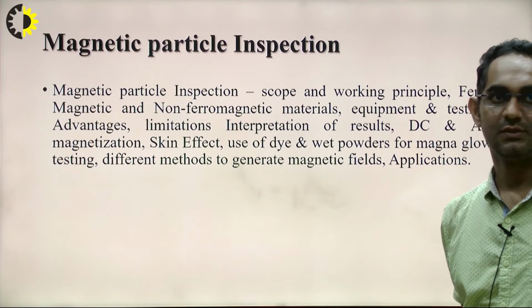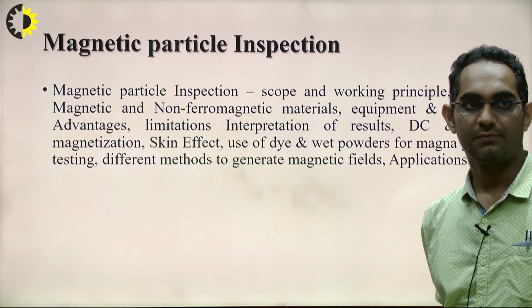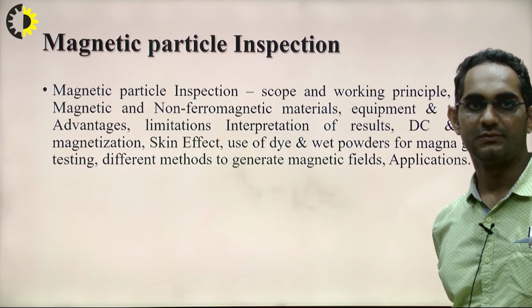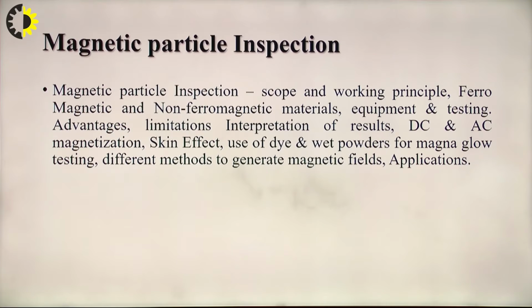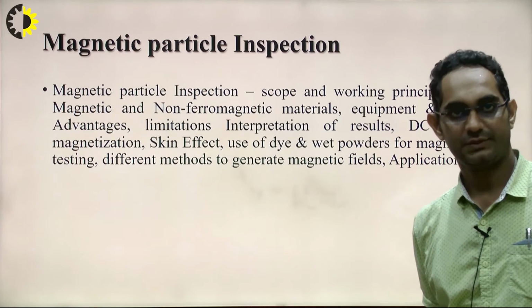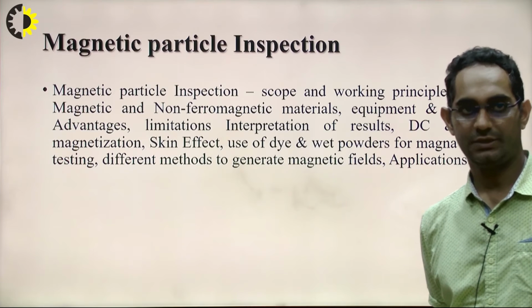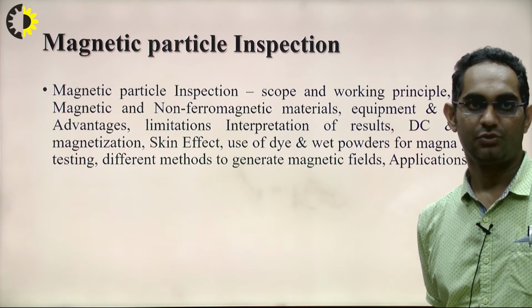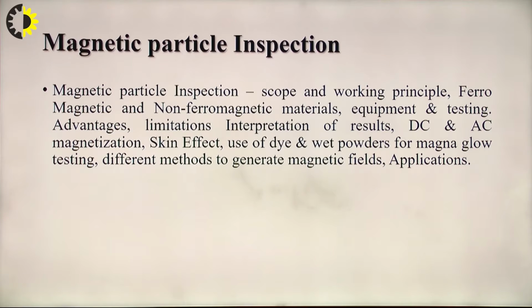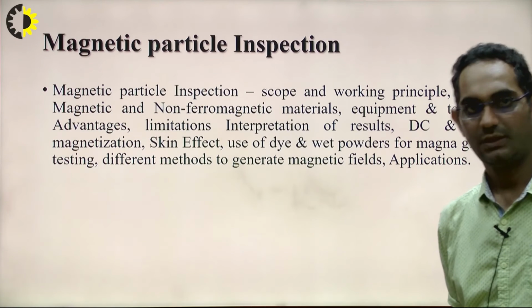Magnetic particle inspection: scope, working principle, ferromagnetic and non-ferromagnetic materials, equipment and testing, advantages, limitations, interpretation of results, DC and AC magnetization, skin effect, use of dye and powders for magna glow testing, different methods to generate magnetic fields, and applications.